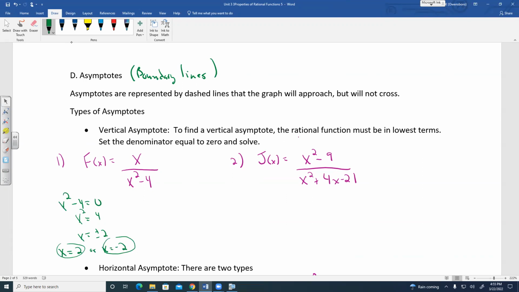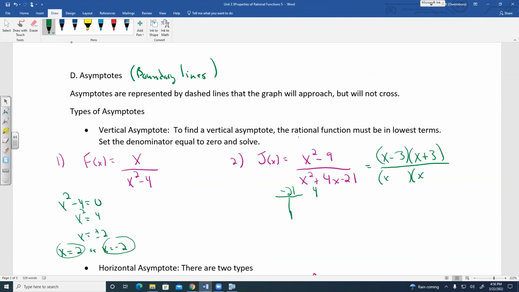To find the vertical asymptote of this function, notice how the numerator is factorable. That's going to be x minus 3 times x plus 3, because that's a difference of squares. On the bottom, since the coefficient of x squared is 1, we know we have an x and an x in the first positions. What goes in the last positions are the factors of -21 that add up to 4.